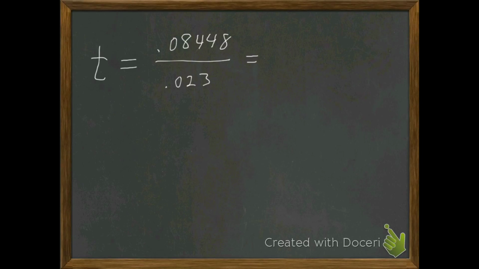I'm just going to use my calculator for this. So 0.08448 divided by 0.023 gives a test statistic of positive 3.673.